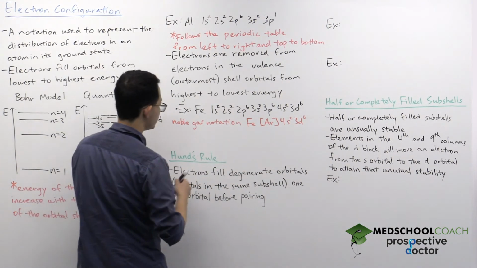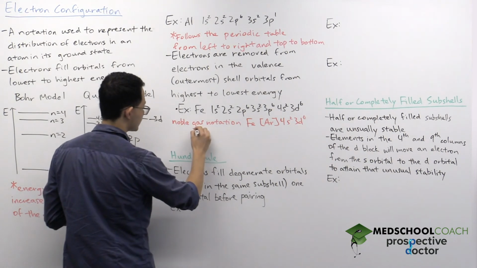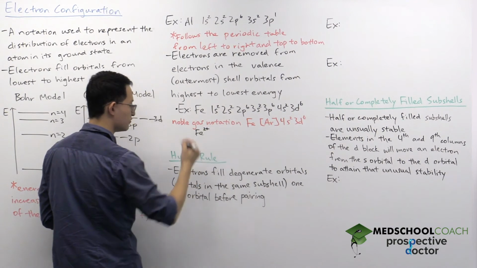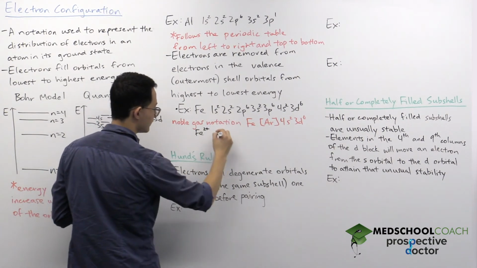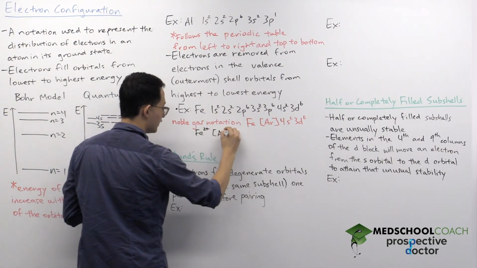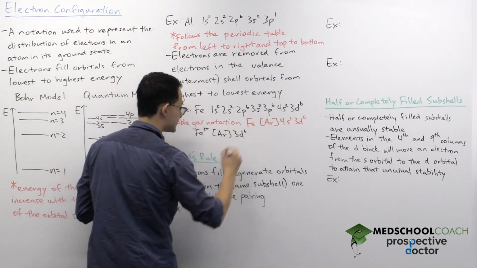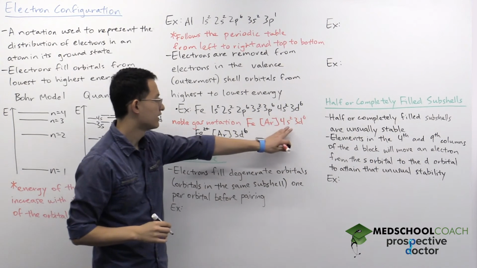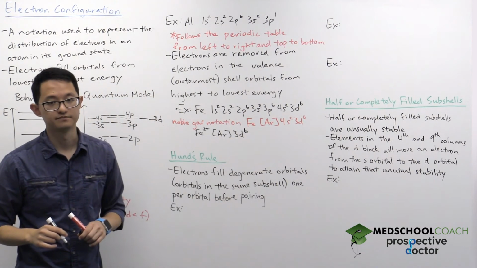That would mean, for instance, if we were to look at the electron configuration of iron 2+, where we've lost 2 electrons, that electron configuration would be argon 3d6, where you've taken away 2 electrons from that 4s subshell.